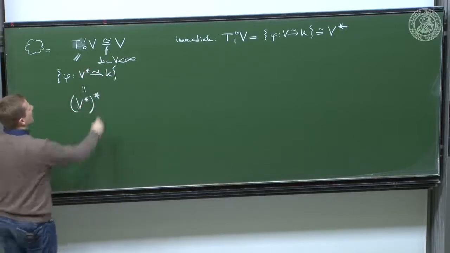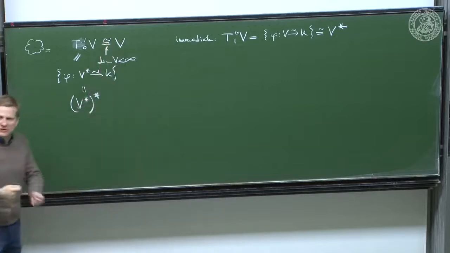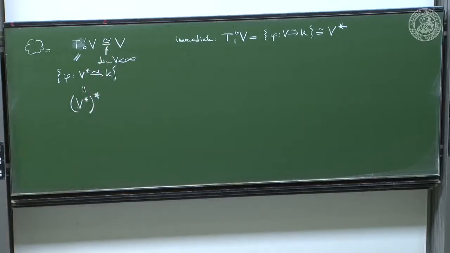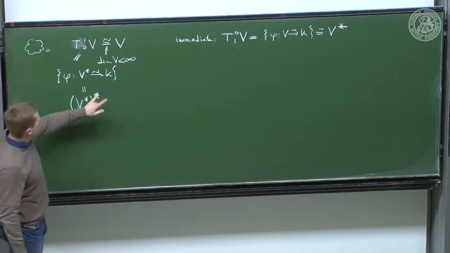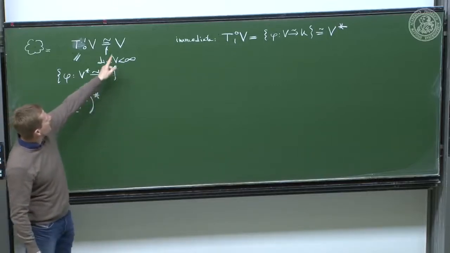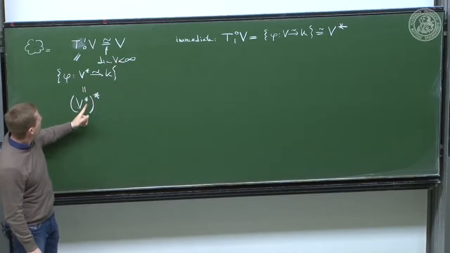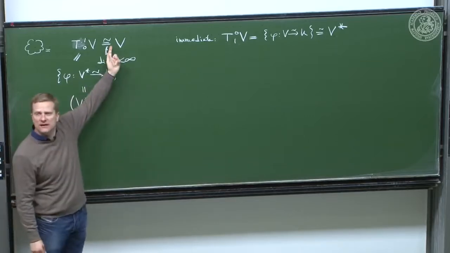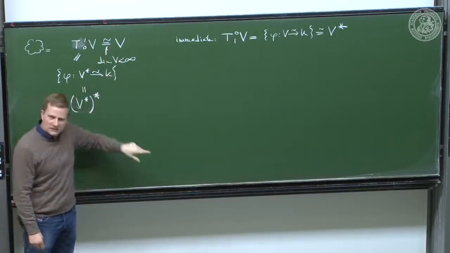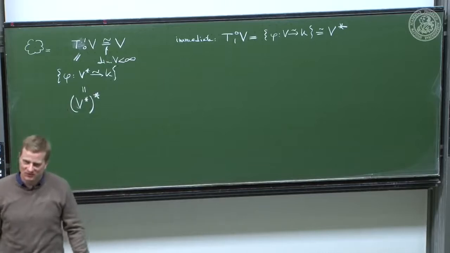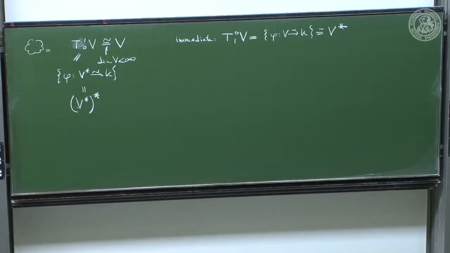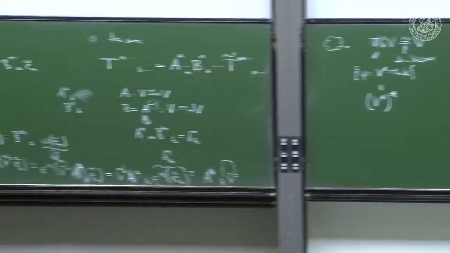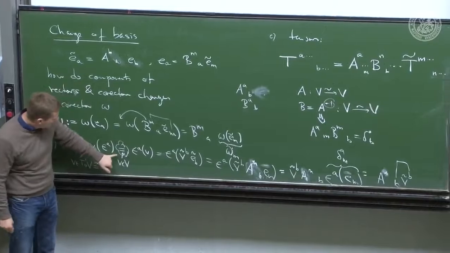In order to understand this, you need to construct what you have to construct on the problem sheet. Namely, on the problem sheet, you remember I said you will be asked to prove that there is an isomorphism, a vector space isomorphism from here to there.